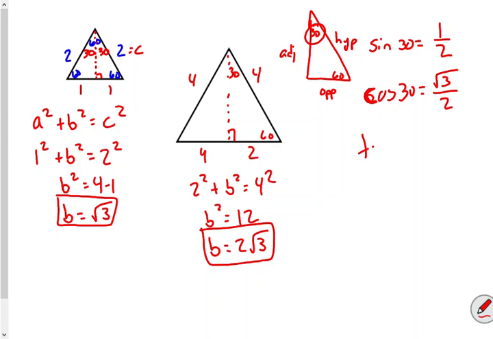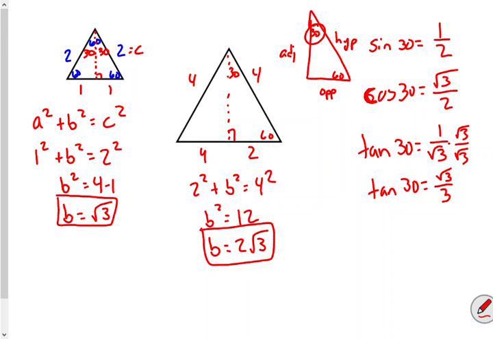And if I look at the tangent of 30, which is the opposite over adjacent, I get 1 over the square root of 3, and we need to rationalize that. So we rationalize by multiplying by square root of 3 over square root of 3 to get the tangent of 30 equal to square root of 3 over 3.